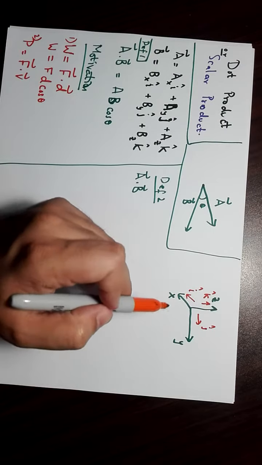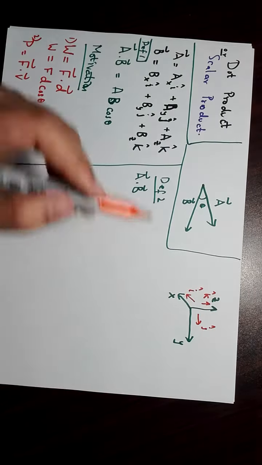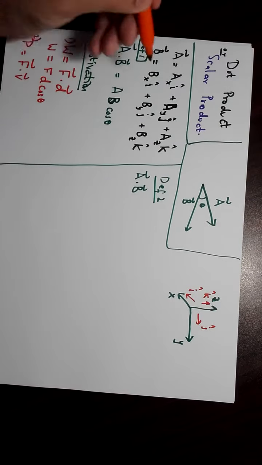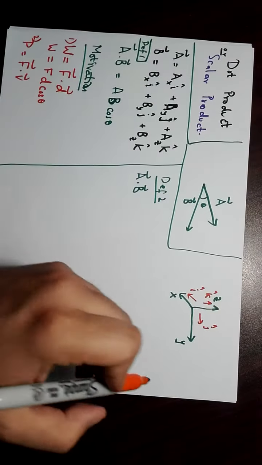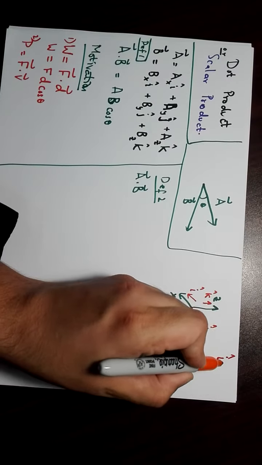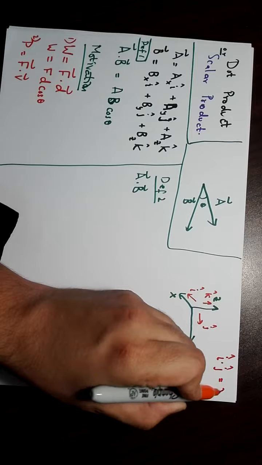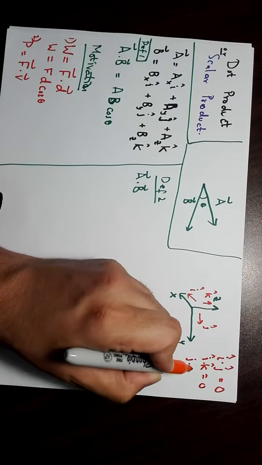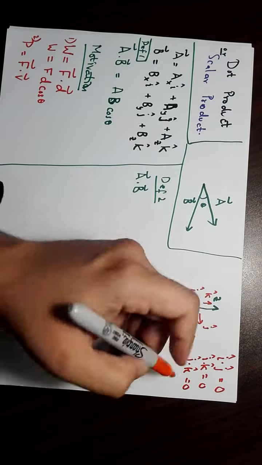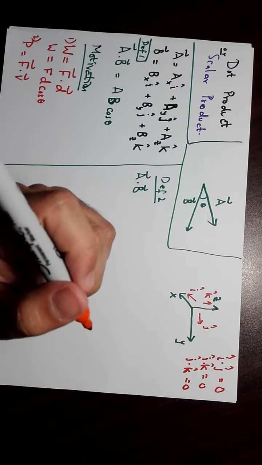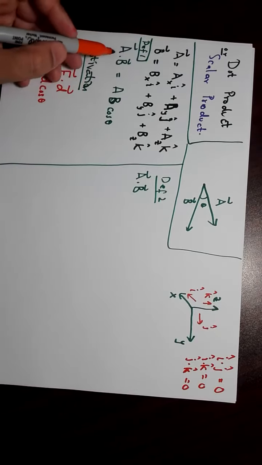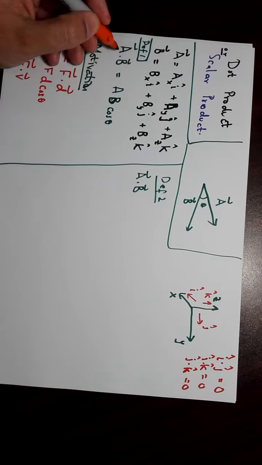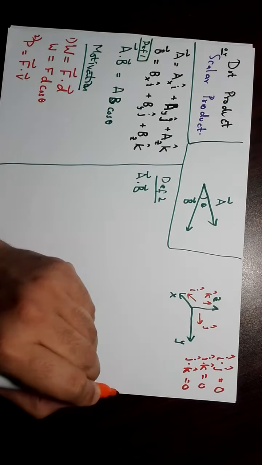So i hat, j hat, and k hat are perpendicular to each other. If theta is 90 degrees, the dot product is 0. That's why i hat dot j hat is 0, i hat dot k hat is 0, and j hat dot k hat is 0, because they're all perpendicular to each other. And if you take the dot product of the same unit vector with itself, you get 1, because the magnitude of the unit vector is 1.